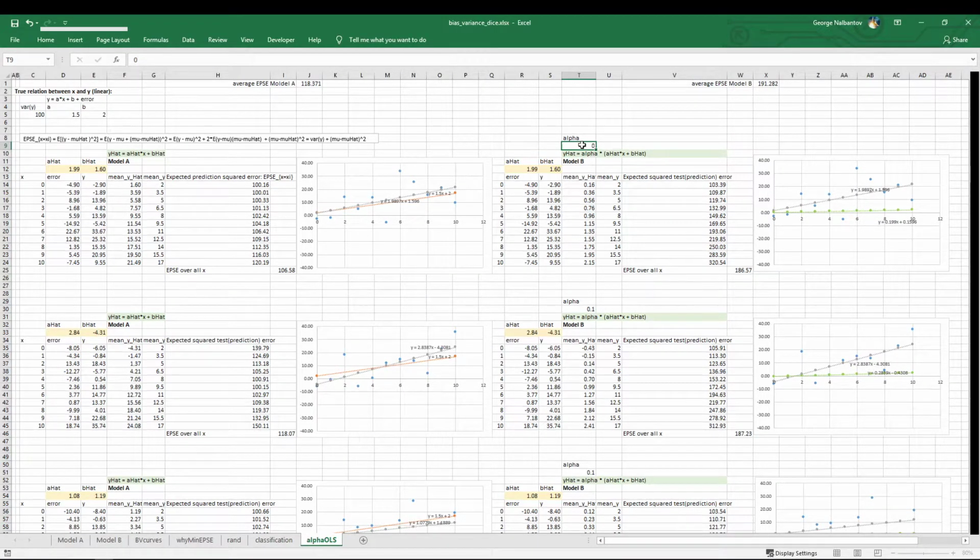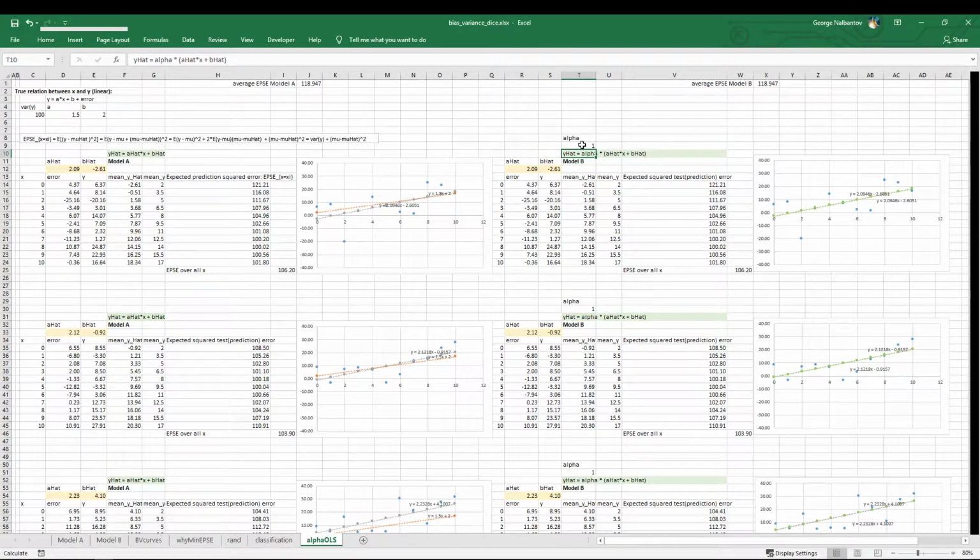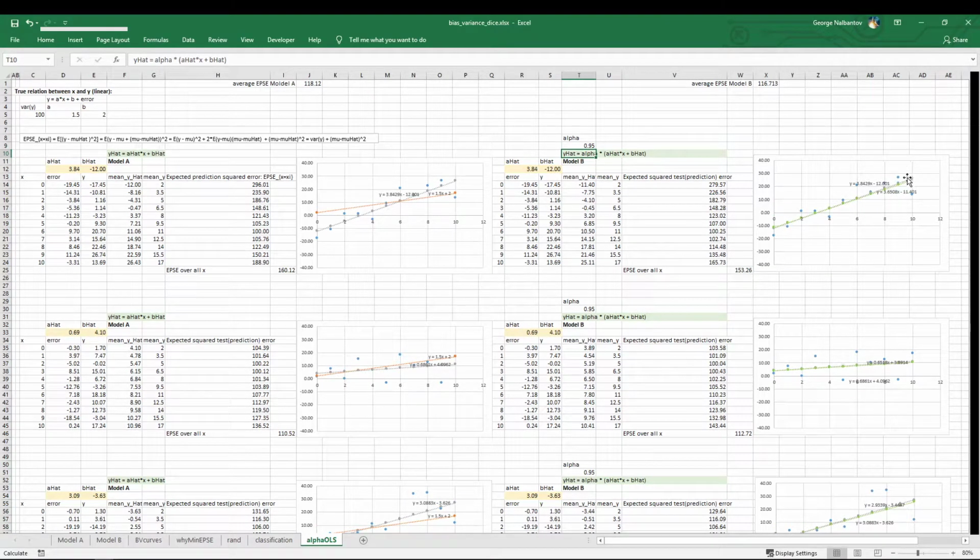If we multiply by 0, we just get the green line that is flat, so y does not depend on x. And if it is 1, we have exactly the same solution as OLS. But let's multiply by, let's say, 0.25. So the green line is just a little bit below the gray one.